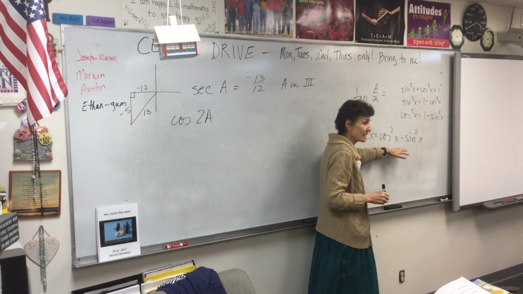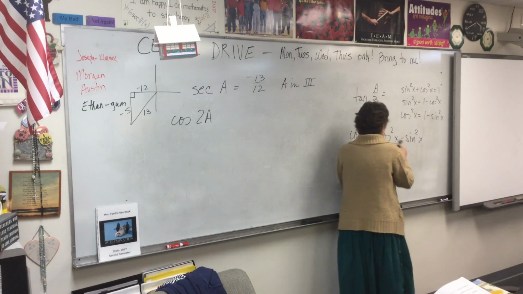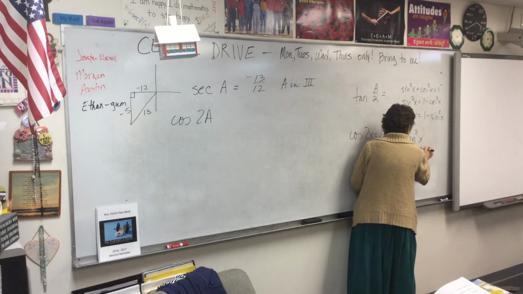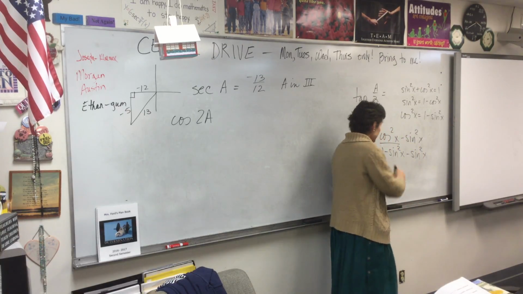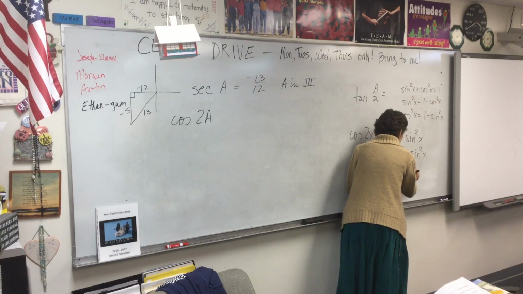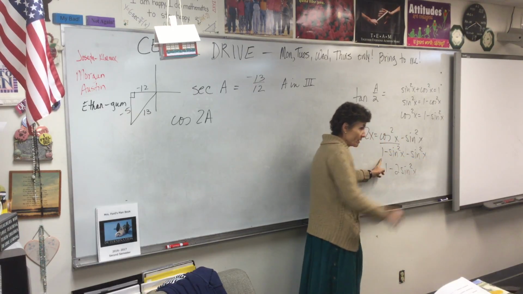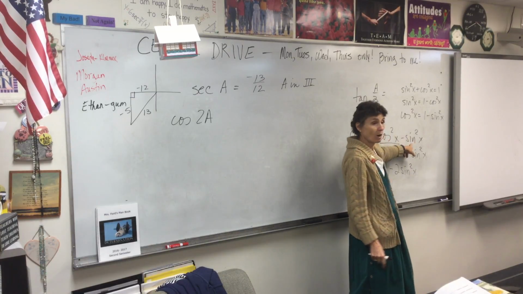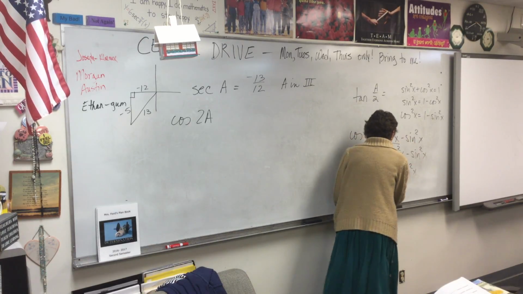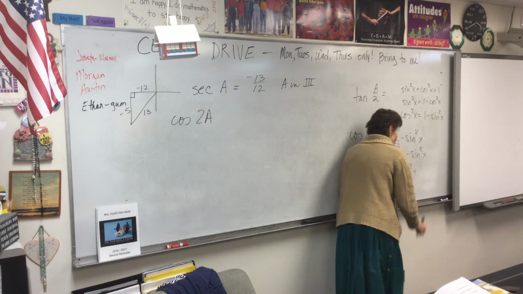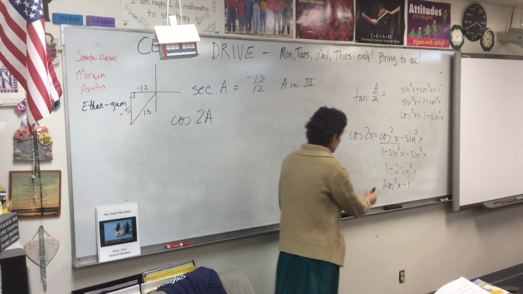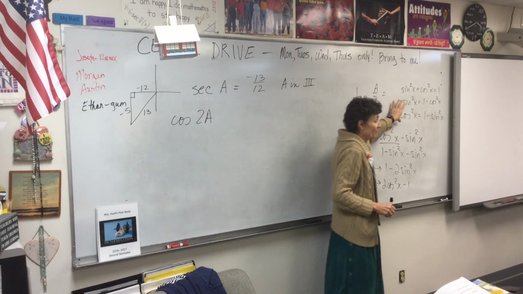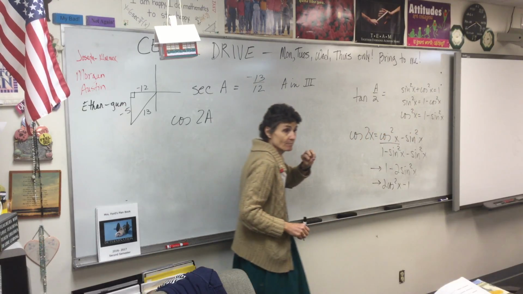If you take out the cosine squared and replace it with 1 minus sine squared, you end up with 1 minus 2 sine squared, and isn't that another one of your formulas? If you replace the sine squared, you end up with 2 cosine squared minus 1, which is your other formula. So these are just versions of this one with these substitutions put in.